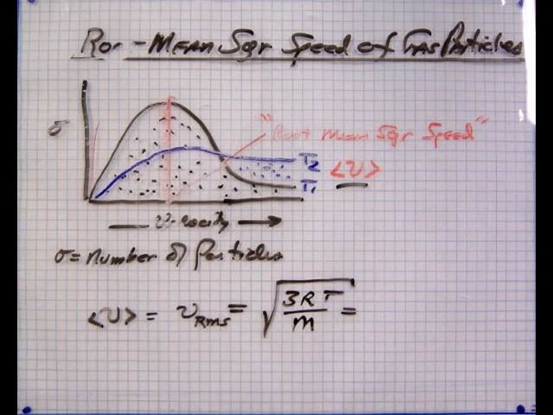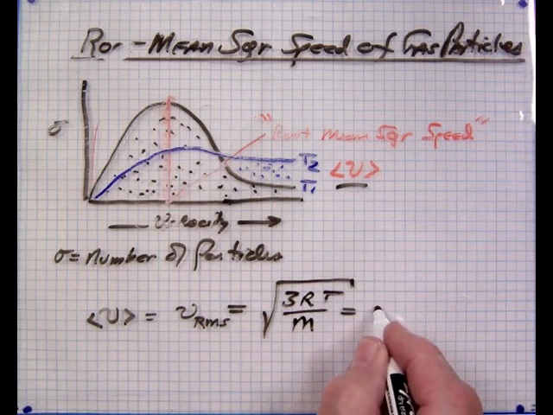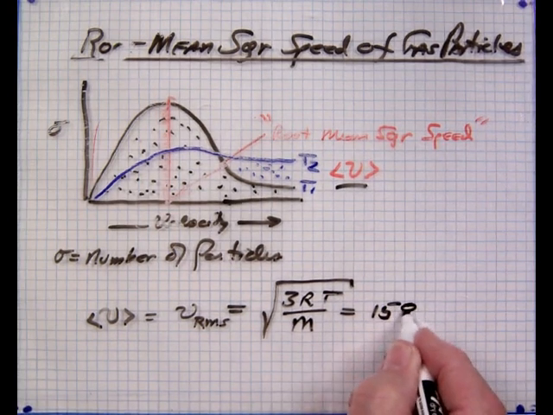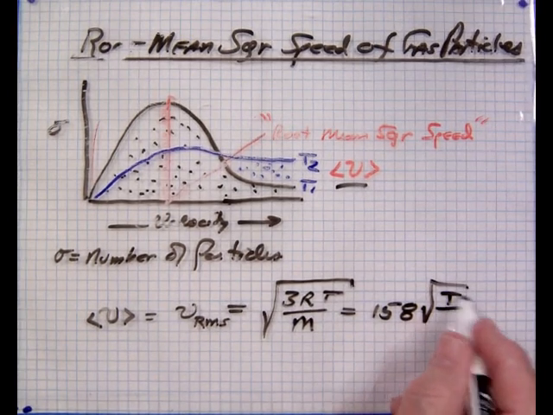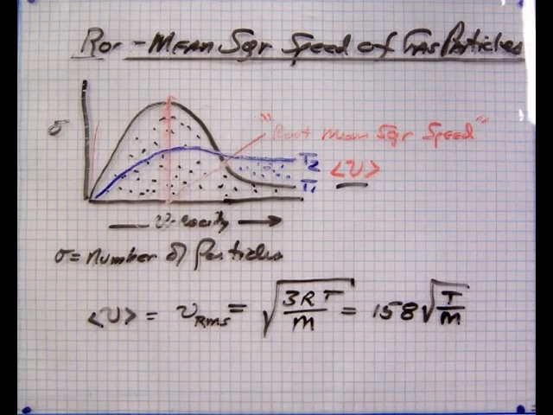I want it in meters per second. Now you could play with it and get miles per hour if you want to, but meters per second is the most widely used scientific velocity unit, and it turns out to be 158 times the square root of the absolute temperature, that'll be Kelvin, over the mole weight.